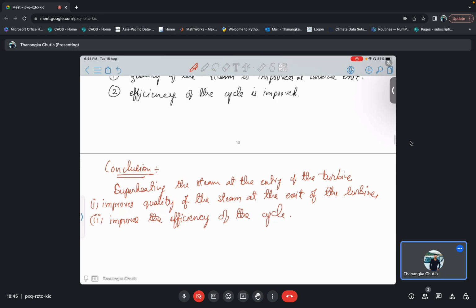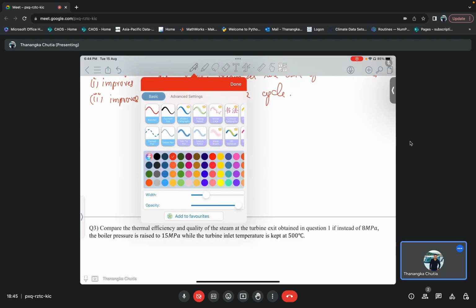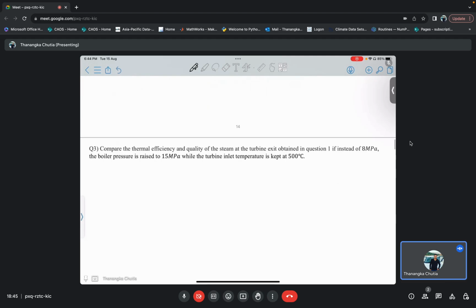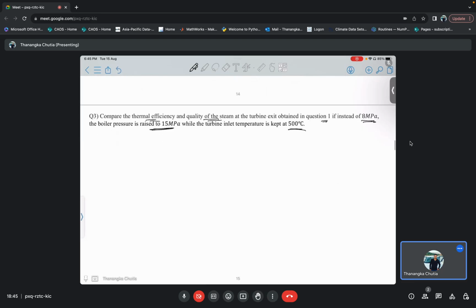Okay, next part is the third question. So compared to question number 1, the thermal efficiency and the quality, the same thing. Thermal efficiency and quality of the steam at the exit of the turbine, we have to compare compared to question number 1, if instead of 8 megapascal, now my boiler pressure is 15 megapascal, okay, and the inlet temperature is the same, 500 degrees Celsius.